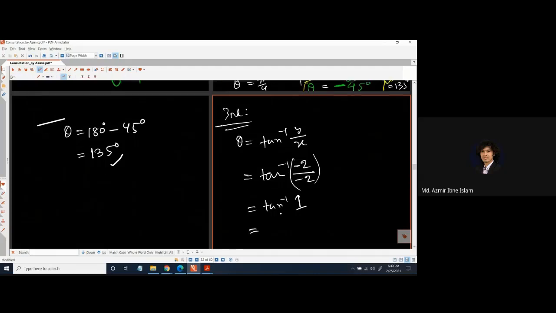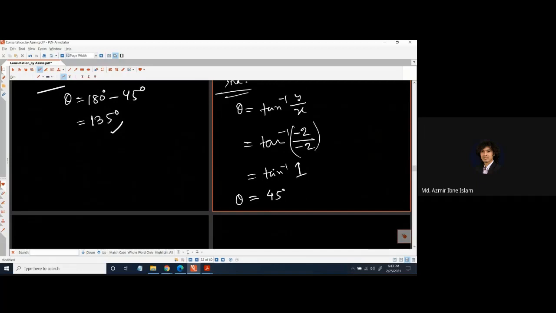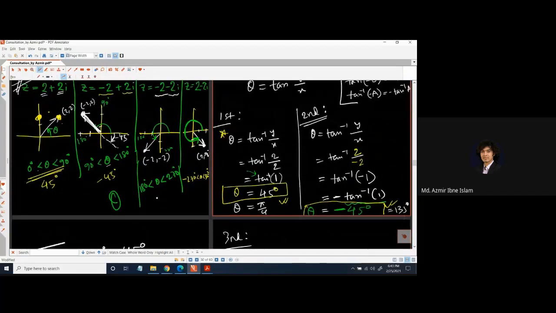You know that tan inverse of 1 is 45 degree. So analytically, we have found the angle is 45 degree. Is it going with the assumption that we have previously? No, sir.